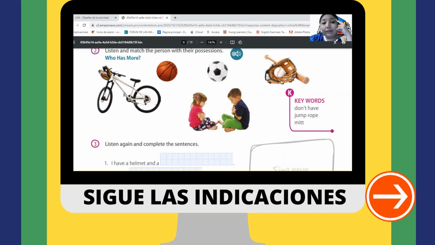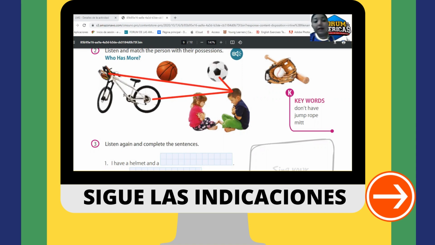Okay, now, who has more? ¿Quién tiene más? Vamos a ver. ¿De acuerdo a lo que escuchamos? I think it is correct if I match the soccer ball to the boy. Yeah. And also the helmet and the bike. Yes, 3 possessions.